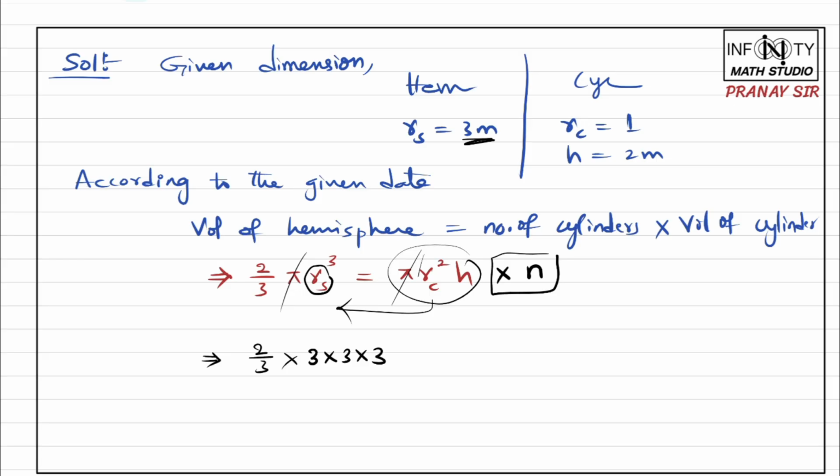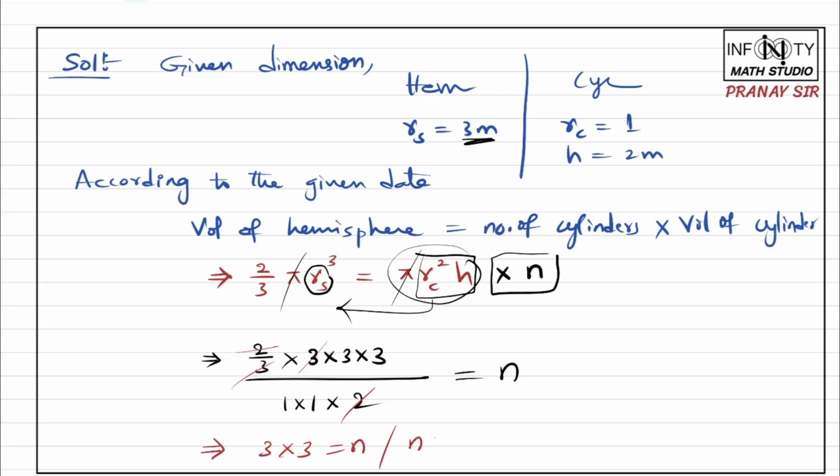Now rc square h transposes to this side, so it becomes divided by rc square, which is 1 square, 1 into 1, and h value is 2. Again that is equal to the number of cylinders. Next, 3 gets cancelled. Next, 2 gets cancelled. So left out is 3 into 3 is equal to n, and n is nothing but 9. So the number of cylinders is equal to 9.